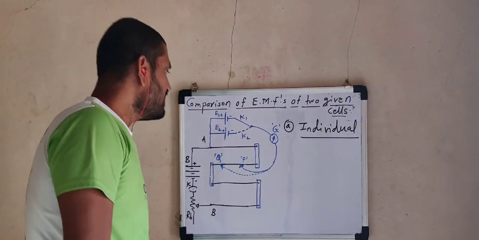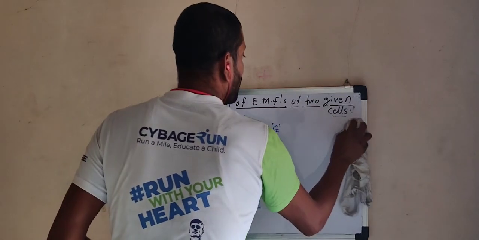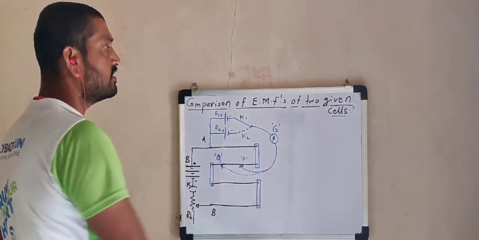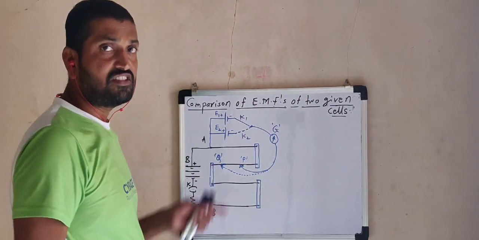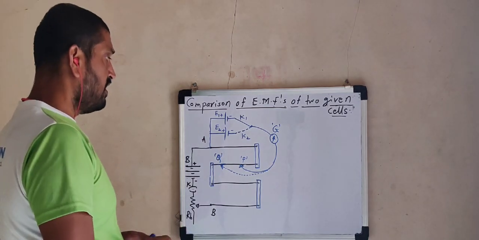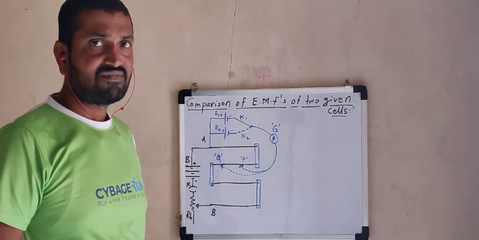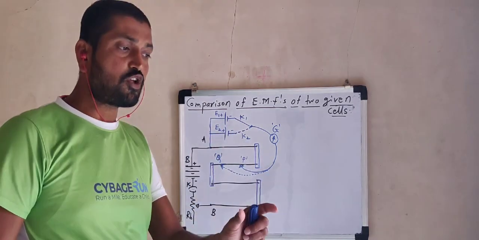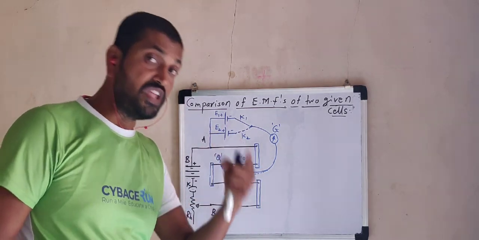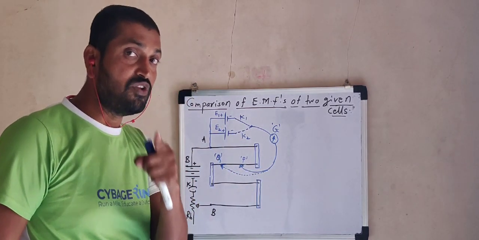Now let us consider first the construction part of this potentiometer to understand the comparison of EMF of two given cells. As per the principle, the potential difference or voltage between 2 points of a uniform wire. Listen to me carefully, uniform wire.